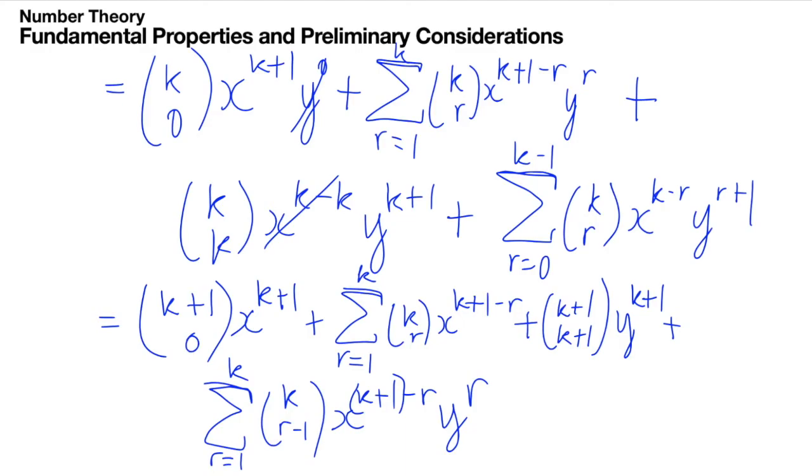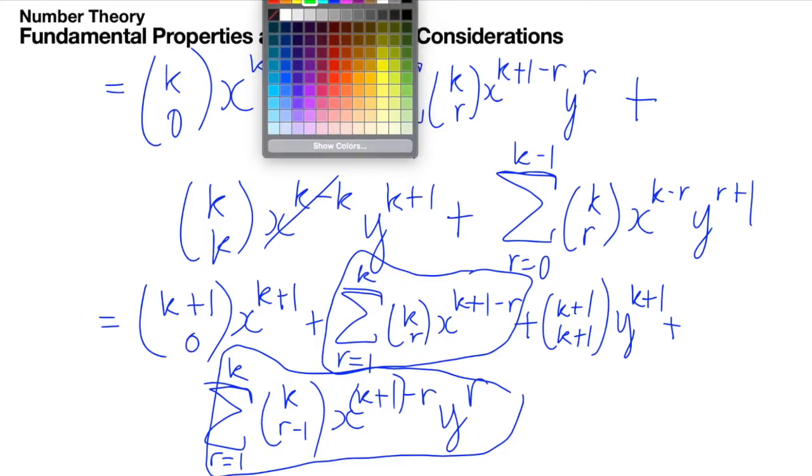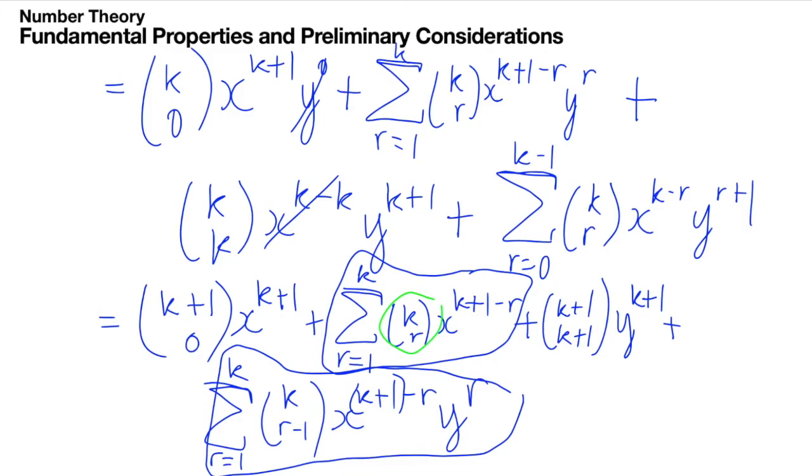Okay, so after that, as you can see here, this second term in our expression and this last term are now essentially the same, except for the binomial coefficients. They're not the same. So why don't we just put them beside each other?